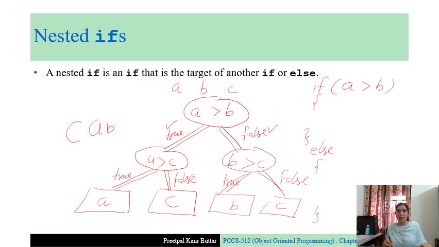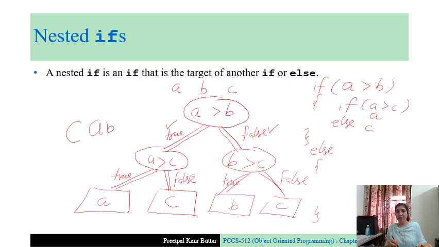So if A is greater than B is true, we move along this path. Here we test if A is greater than C. If both these conditions are true, it means A is greatest. The else part means we are moving along this path. A is greater than B is true, but A is greater than C is false. It means C is greatest, right?